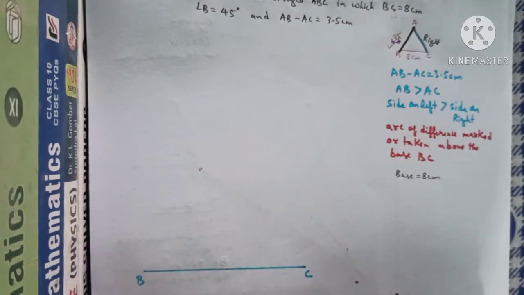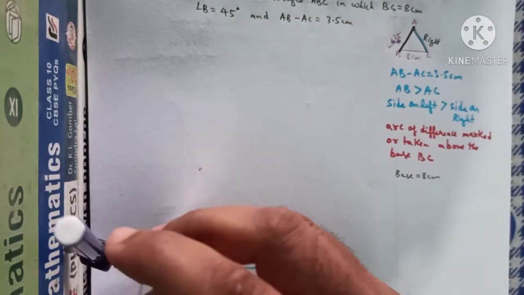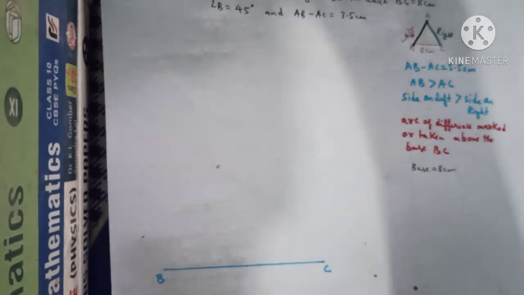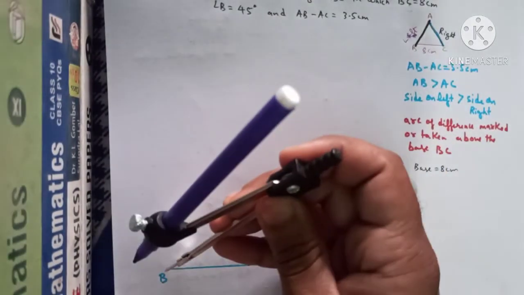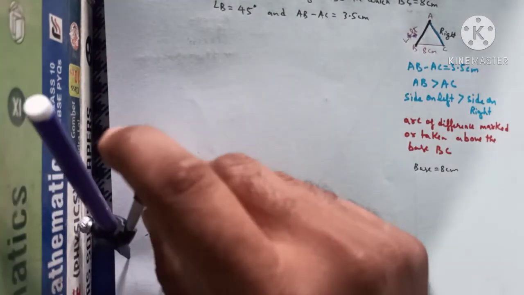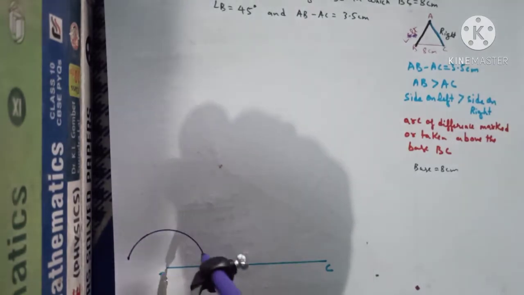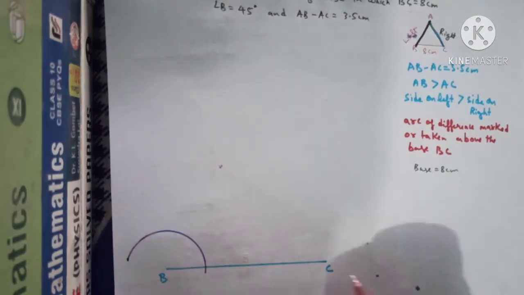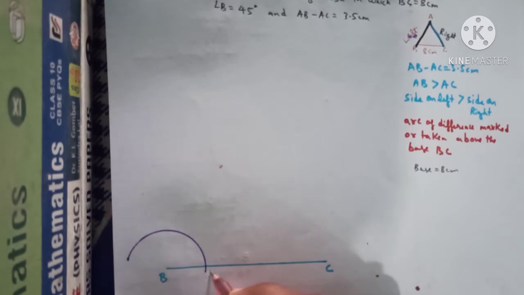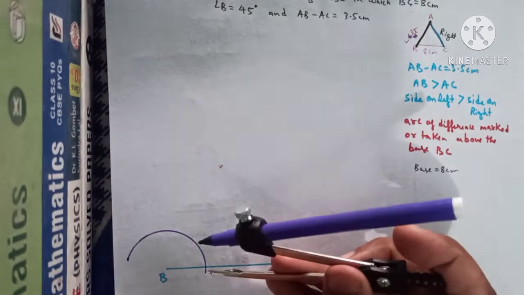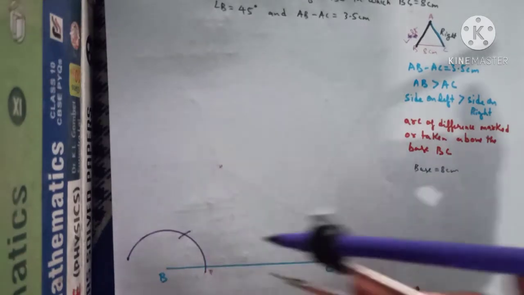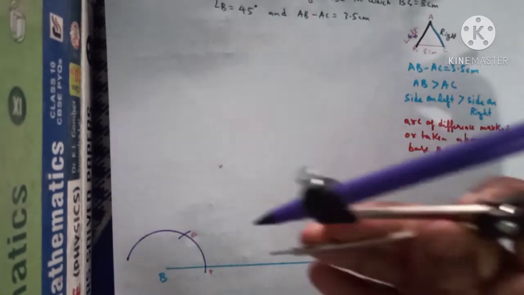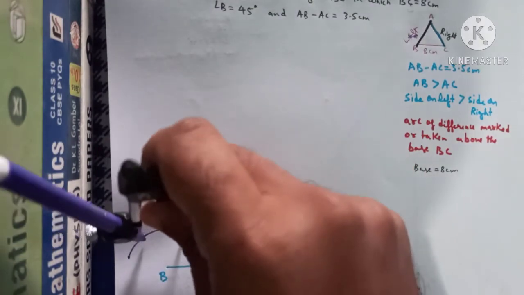So again, taking center B, we will draw a semicircle such that it is intersecting the BC at point say P. Then with P as center, we will draw another arc intersecting the bigger semicircular arc at point Q. With Q as center, with the same radius, draw another arc intersecting at R.